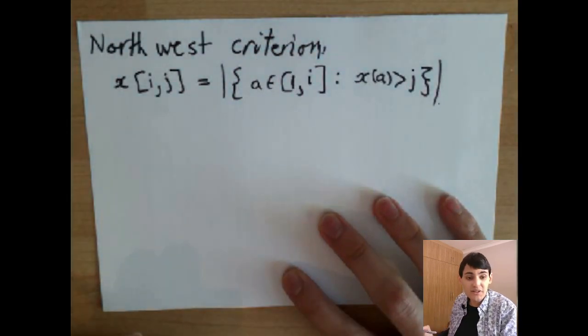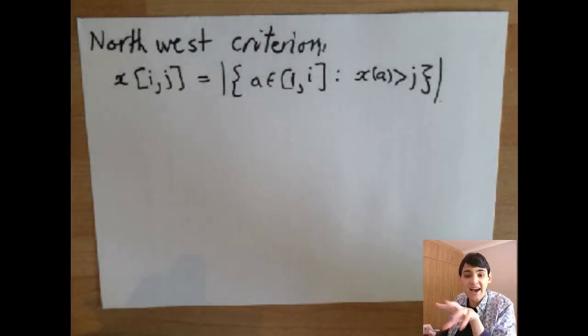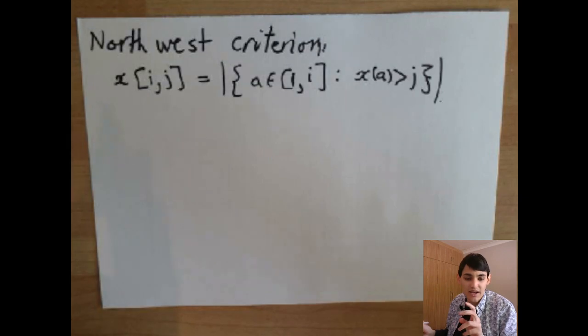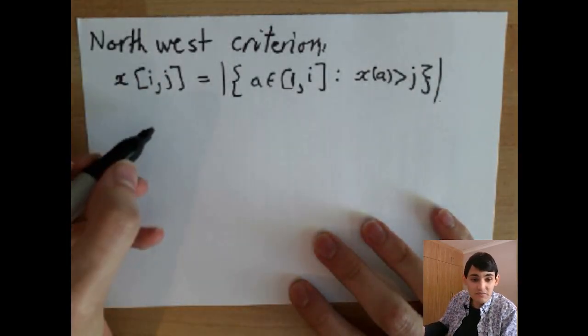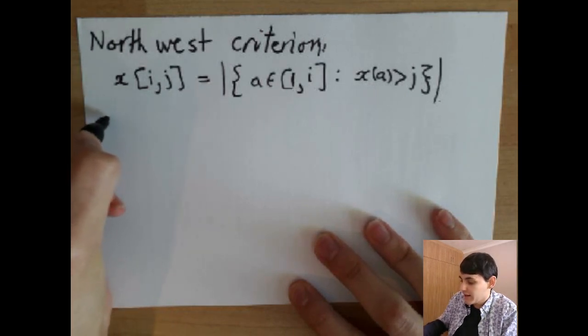Practically, we use it in the following way: you draw a graph, labeling the axes with a and x of a, and then you plot a, x of a. Then x of ij counts the number of points northwest, so up to the left, of ij, ij being the coordinates.